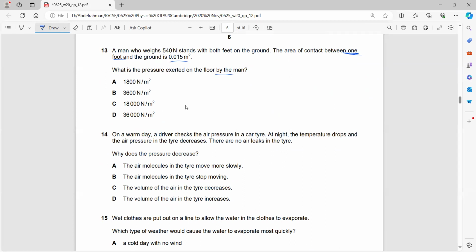He's not standing on 1 foot, he's standing on both. Okay, pressure equals force over area. Force is 540 newtons, but the area would be 0.015 times 2. This would give a total pressure of 18,000 newtons.